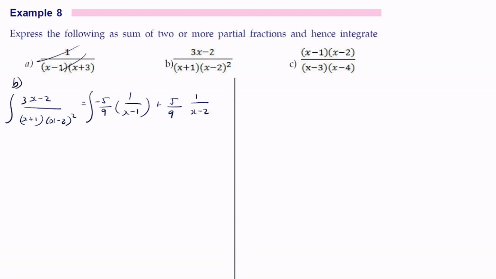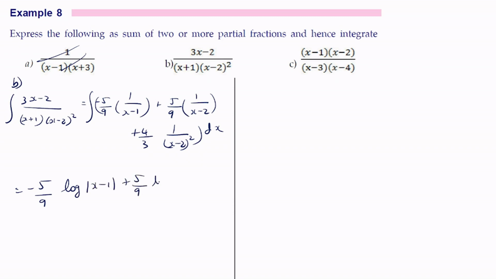A we have completed. Then plus 4 by 3 into 1 by x minus 2 the whole square dx. So this is minus 5 by 9 into log mod x plus 1 plus 5 by 9 log mod x minus 2.